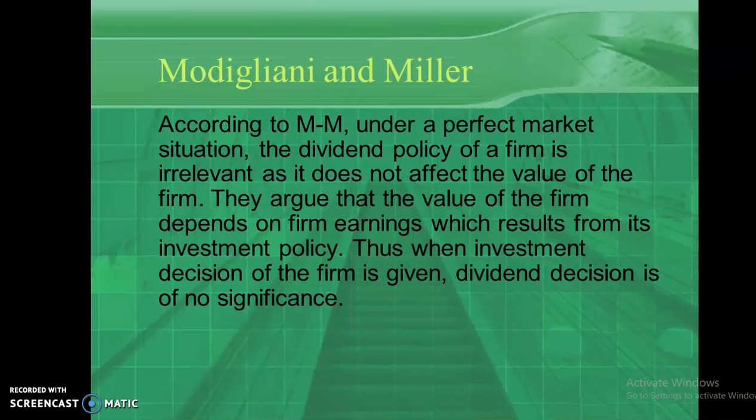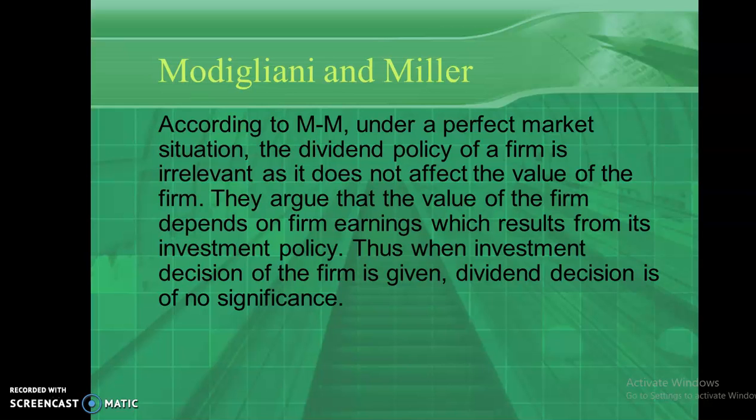The last model is known as the Modigliani-Miller model. According to the Modigliani-Miller model, the dividend policy of the firm is irrelevant. It does not affect the value of the firm. They argue that the value of the firm depends on the firm's earnings, which result from the investment policy.